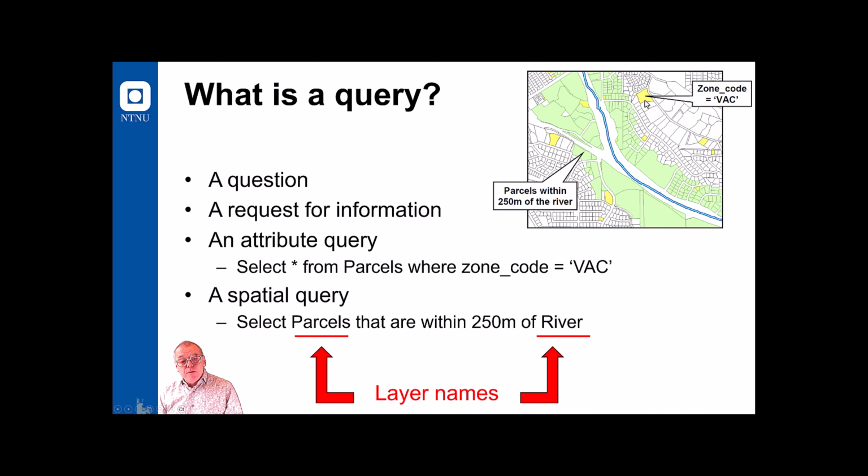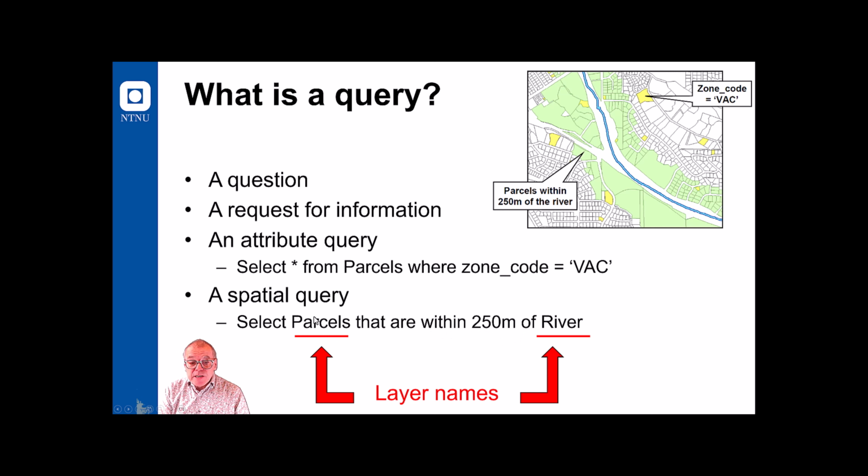Now you could also have spatial queries, and then it's often common that you combine two data sets. For instance, you want to know which of these parcels are near to the river, which is then in another data set. And this distance could, for instance, be 250 meters.